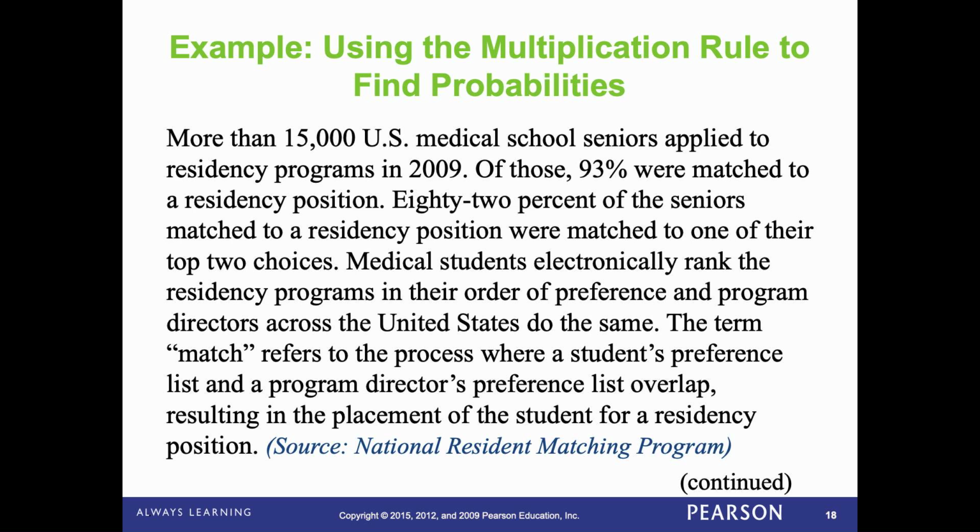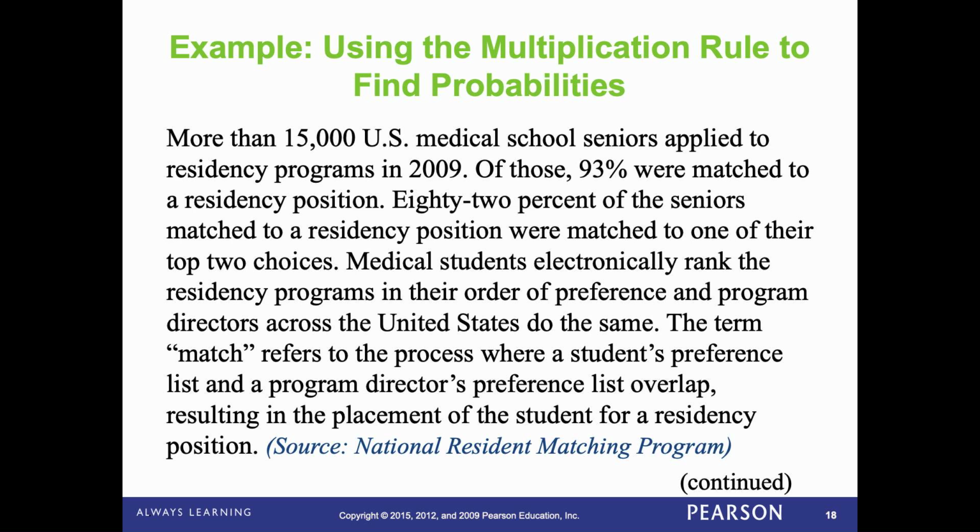All right, so more than 1,500 U.S. medical school seniors applied to residency programs in 2009. Of these, 93% were matched to a residency position. 82% of the seniors matched to a residency position were matched to one of their top 2 positions.